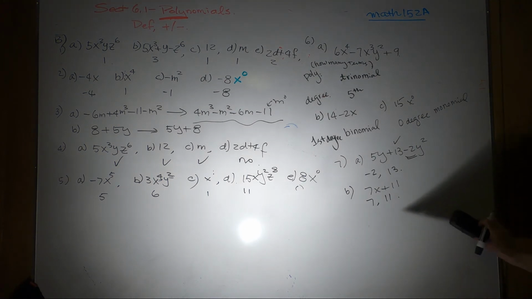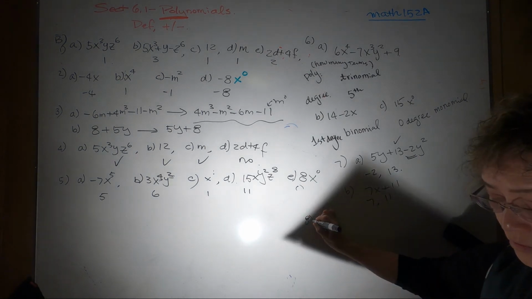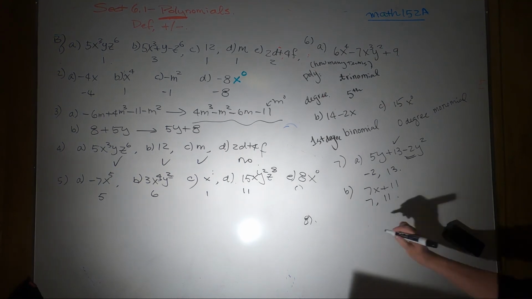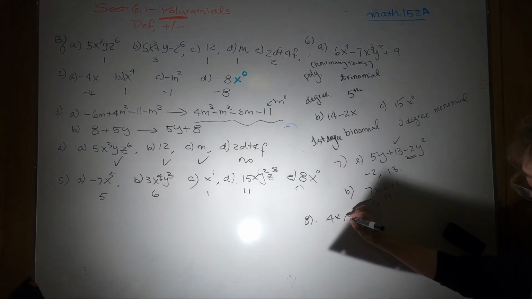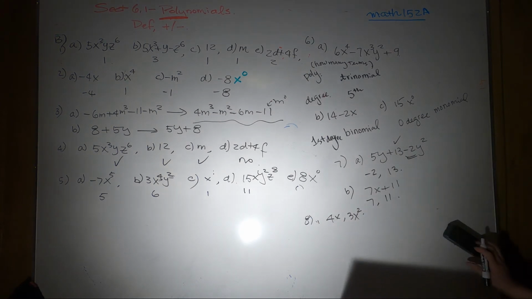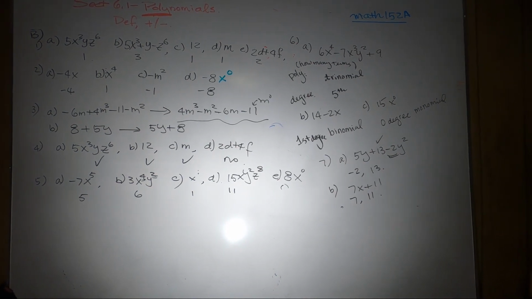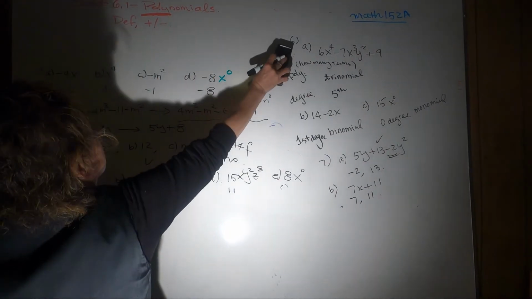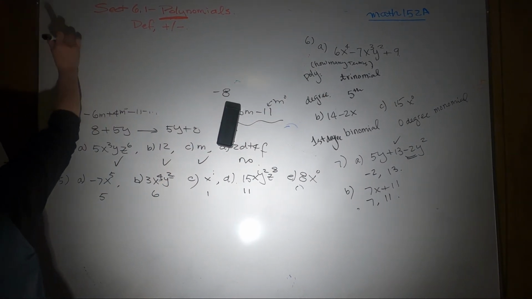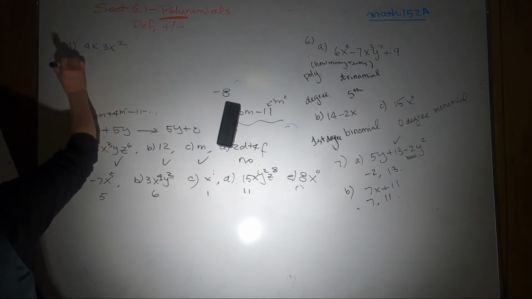Okay, then for the next one, number 8, we have, say, are they like terms? You have what? 4x, 3x squared, right? First one, that's right over there, so you can see. Okay, first one is 4x, 3x squared, right?